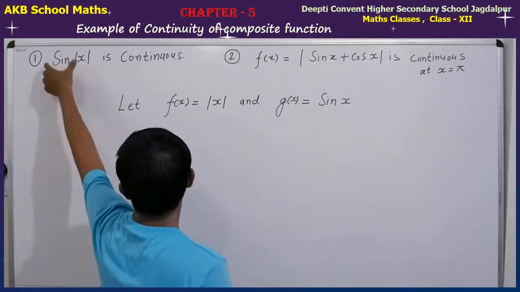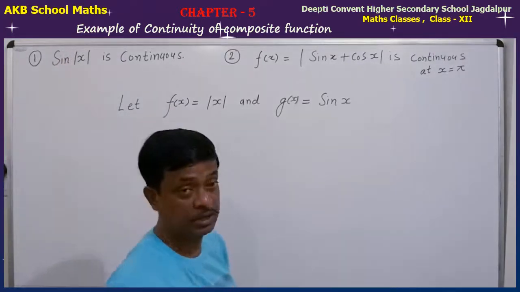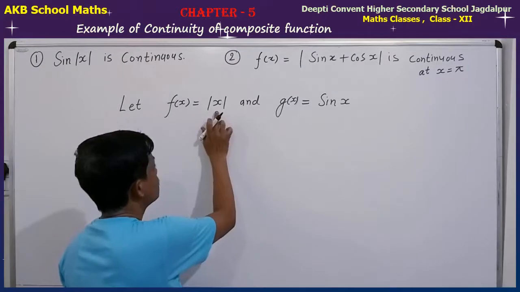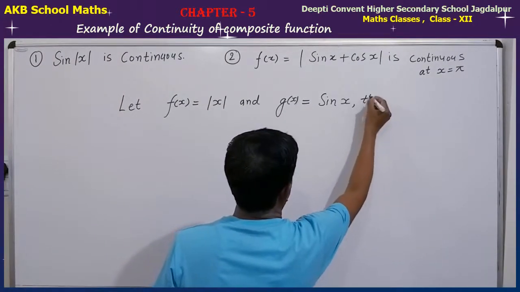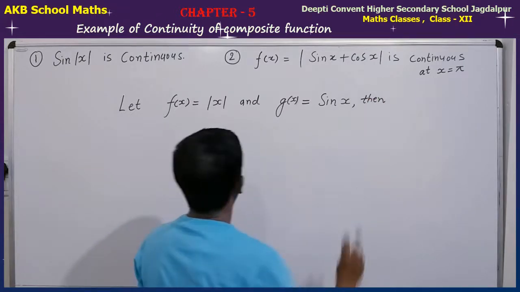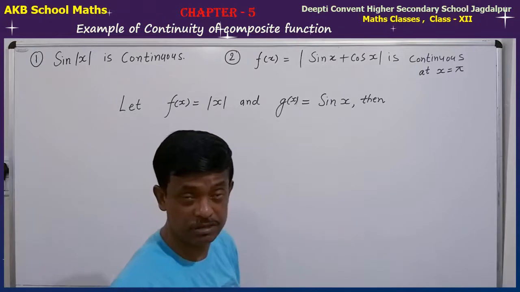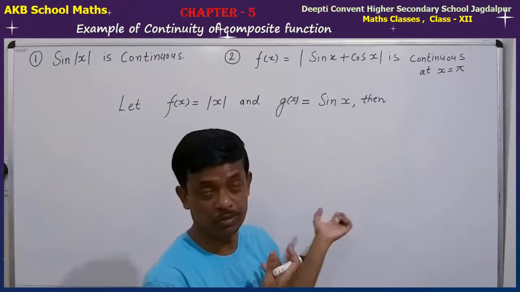This function can be written as a composition of two functions. So let us take f(x) equal to mod x and g(x) equal to sin x. Then, as we know, the modulus function is always continuous and sin x is also continuous in their domain.